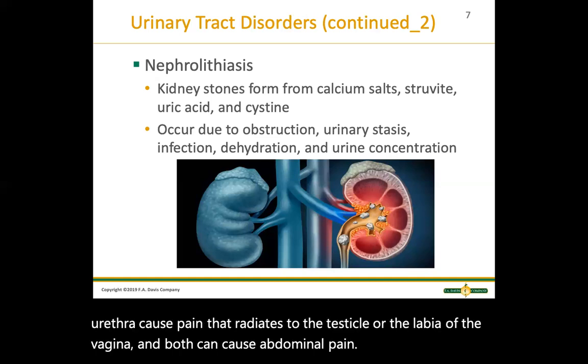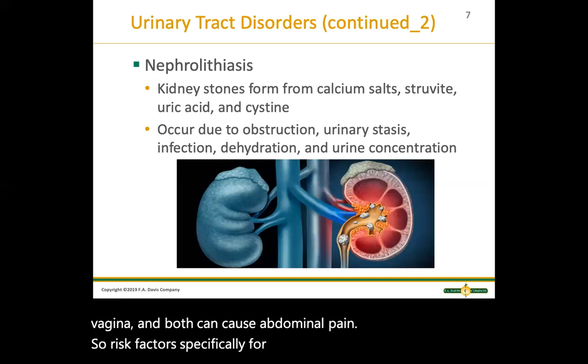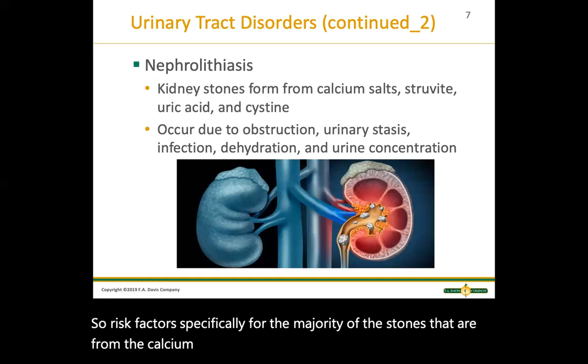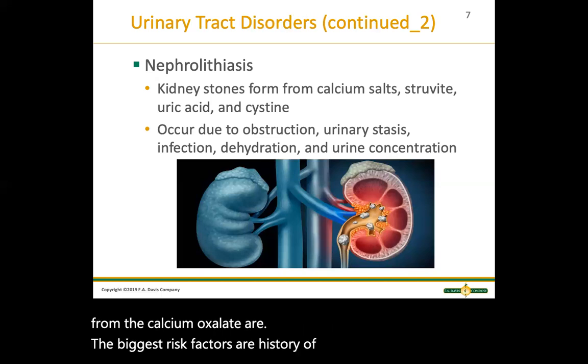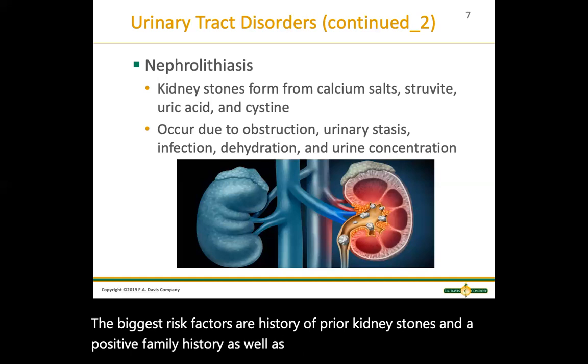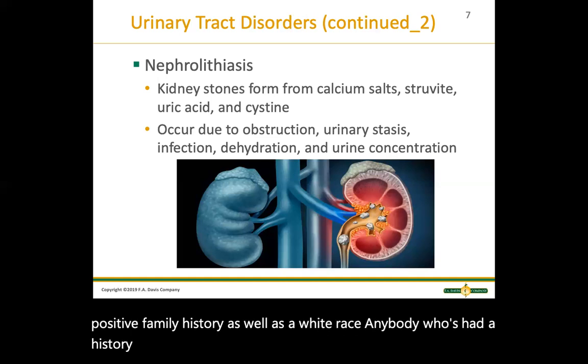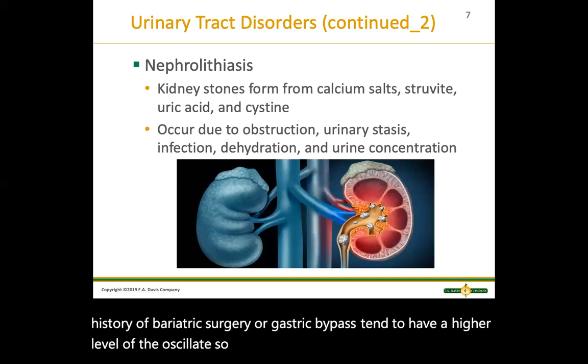So risk factors, specifically for the majority of the stones that are from calcium oxalate: the biggest risk factors are a history of prior kidney stones and a positive family history, as well as white race. Anybody who's had a history of bariatric surgery or gastric bypass tends to have a higher level of oxalate, so they tend to get them more frequently.